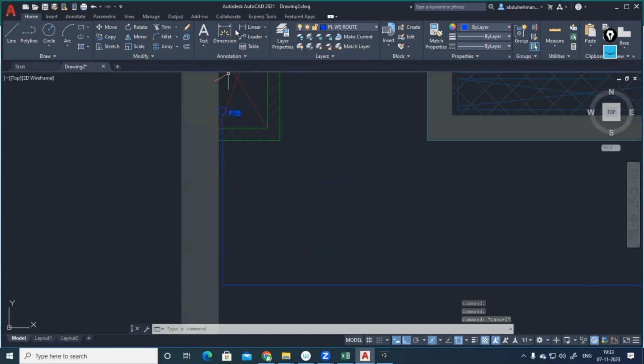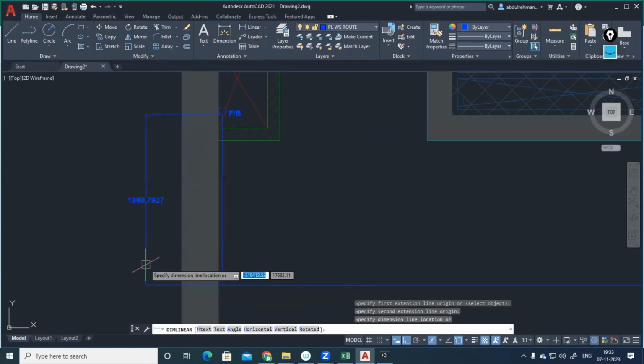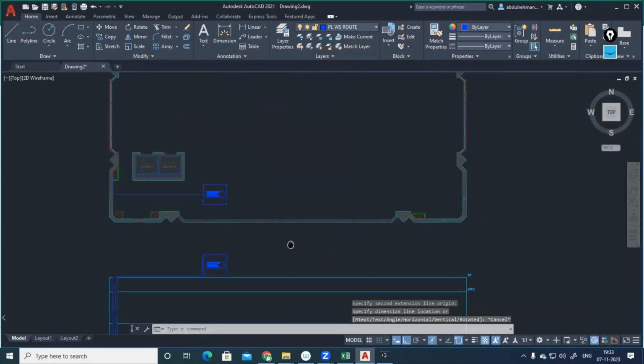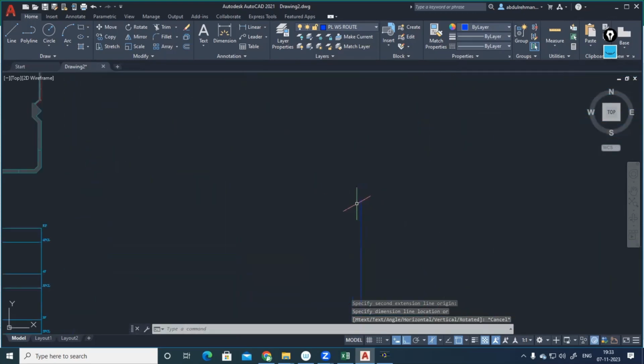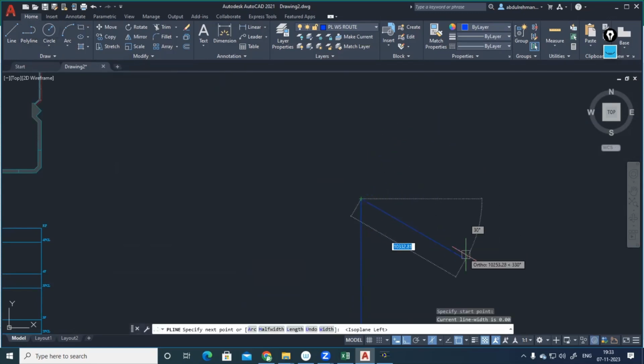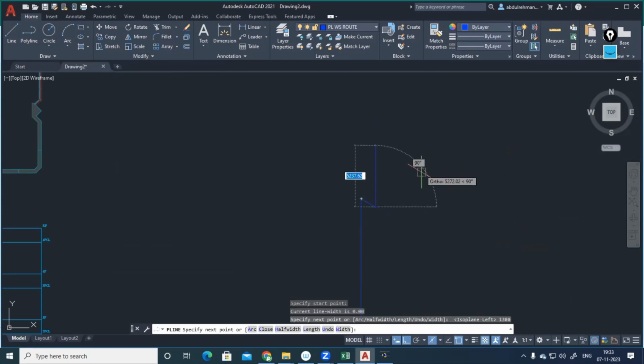So that's why the distance is how much? Getting like 1380. So from this point, 1380, it will be coming this way. From there, it is going this side. Correct.